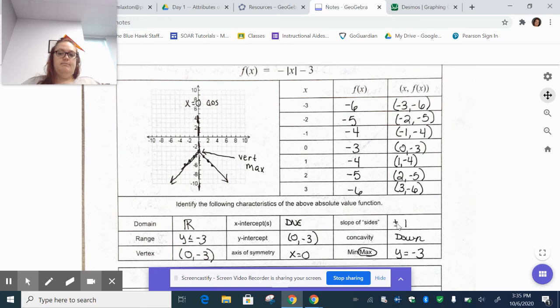That's what that symbol means right there, plus or minus 1. So the left-hand side is positive 1, the right-hand side is negative 1. Notice how in all of these examples, the left and the right have had the same slope, but they've had different signs, different directions. All right, so how did you do on this one?